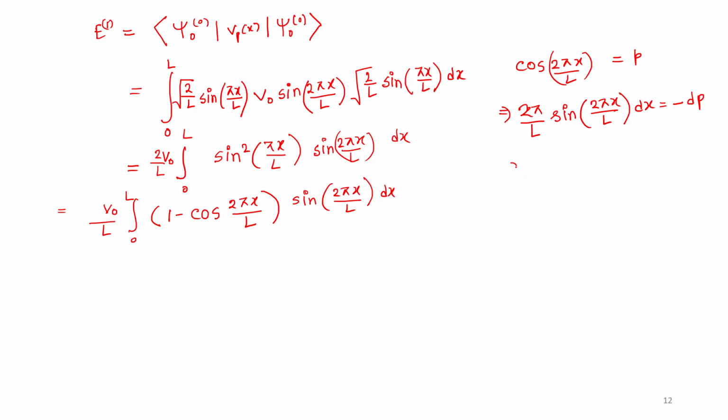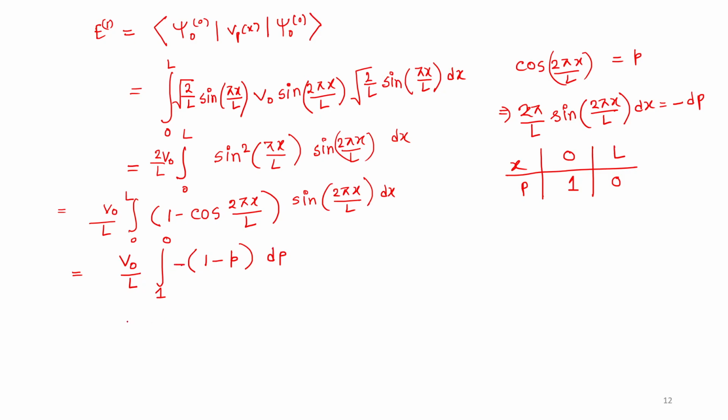And what will be the change in my limits x to p? If x is 0 to L, at 0 cos 0, my p will be 1, and when it is L, my cos 2 pi is 0. So it will change to something like this, from 1 to 0, 1 minus p dp, but a negative sign is there.